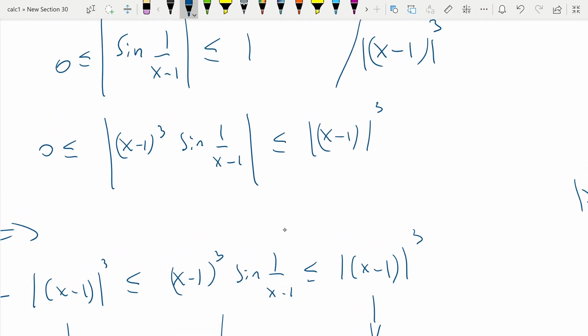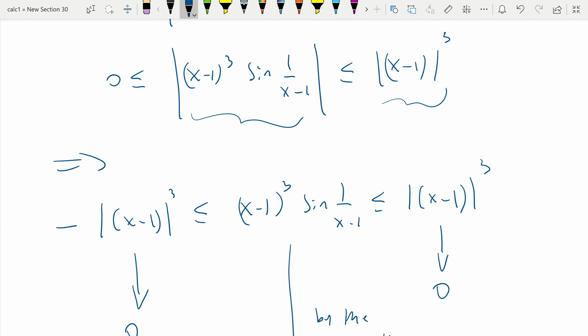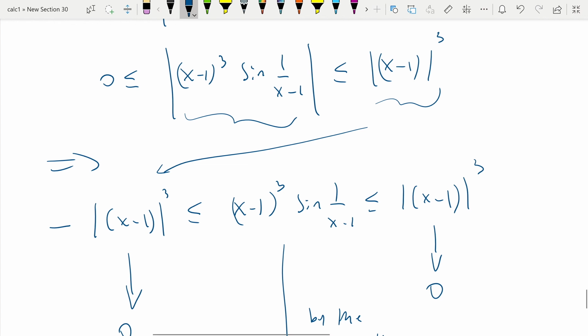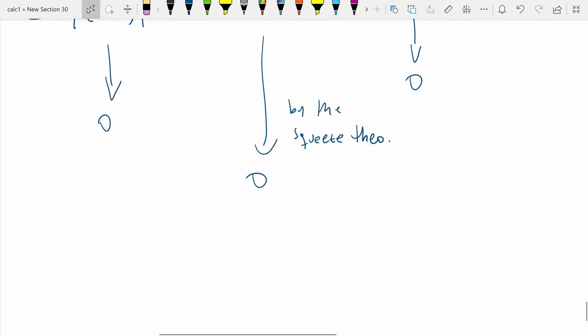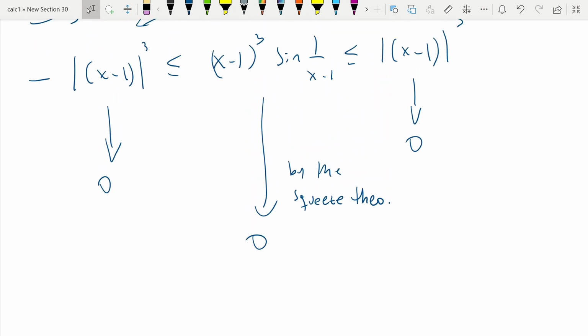The absolute value of this expression is bounded by this positive expression. So minus that expression will bound what's inside the absolute value from below, and will bound this from above. And so the conclusion here is always the same. By the squeeze theorem, you know that what's in between goes to 0.